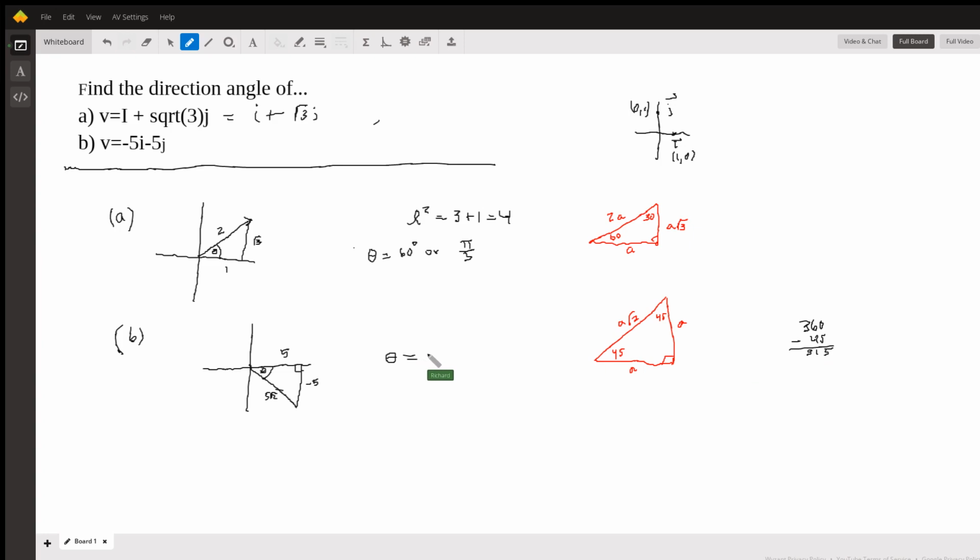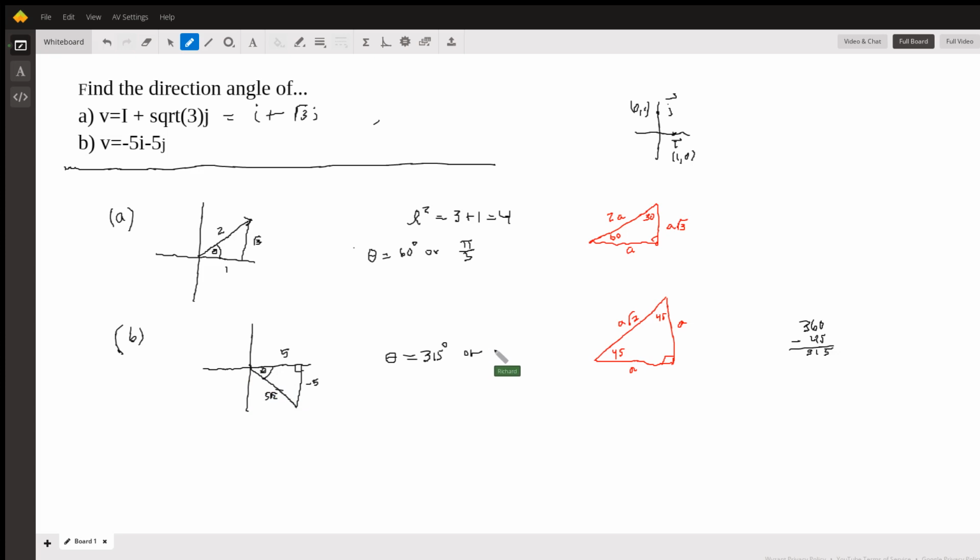So that would be 315 degrees. Because you could travel all the way around. Imagine traveling all the way around to 360 and then backing it up 45. So you go all the way around to 360 and then back down 45 degrees.